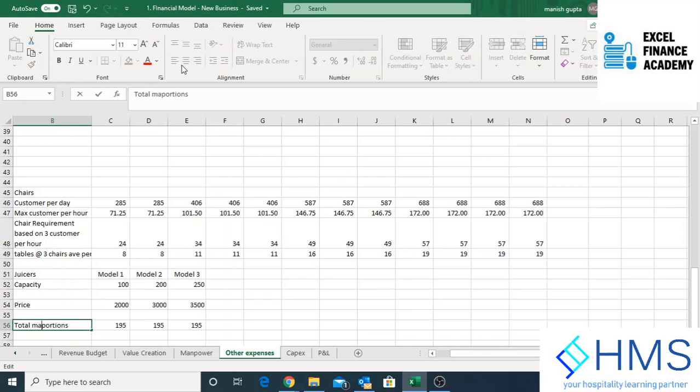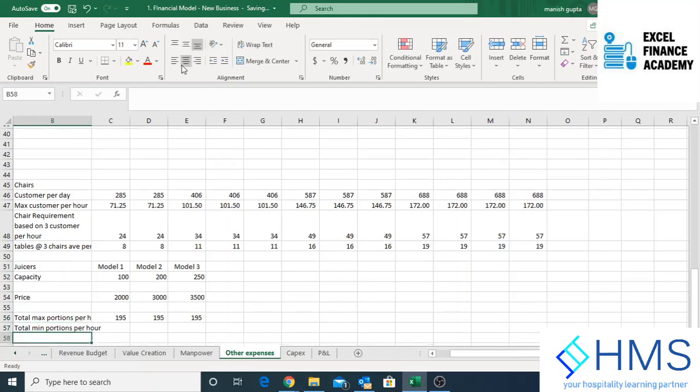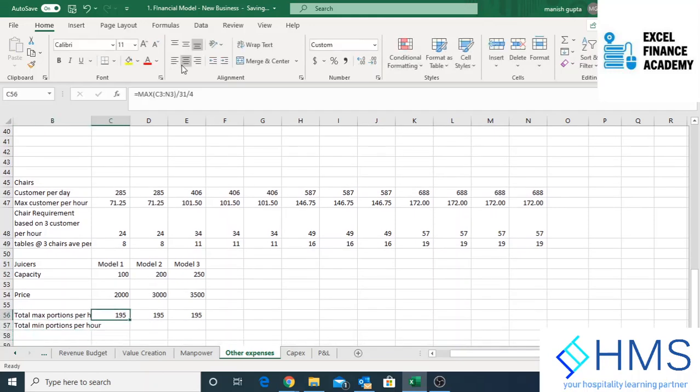Total maximum portions you need per hour, and total minimum portions per hour. Let's say you would use the same formula but change it to minimum.